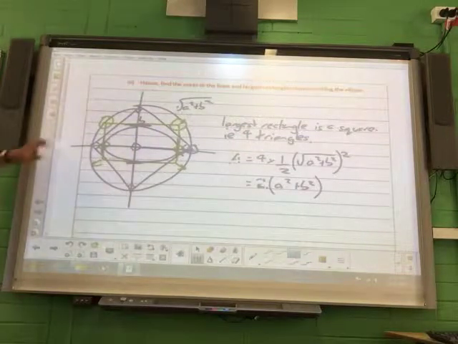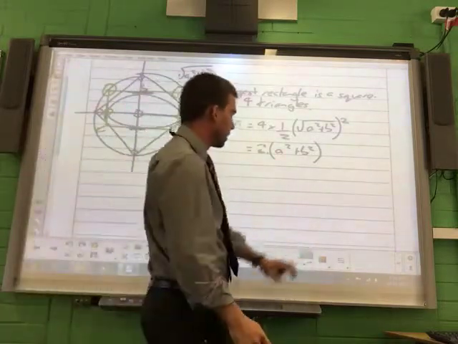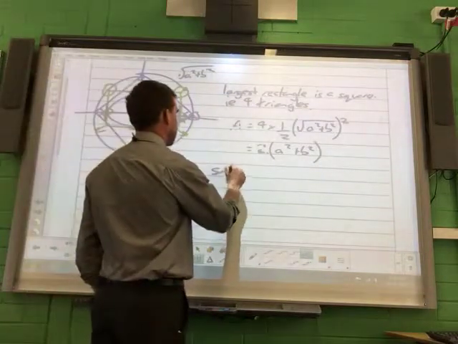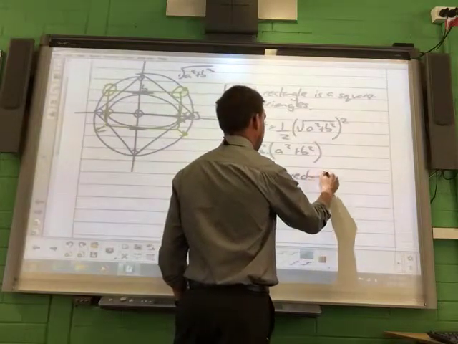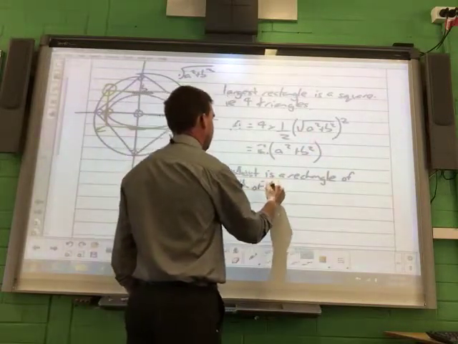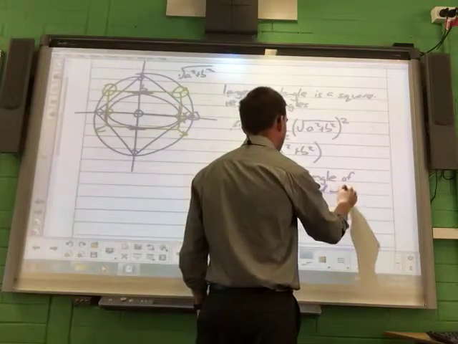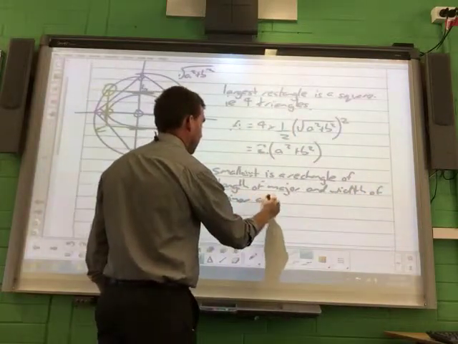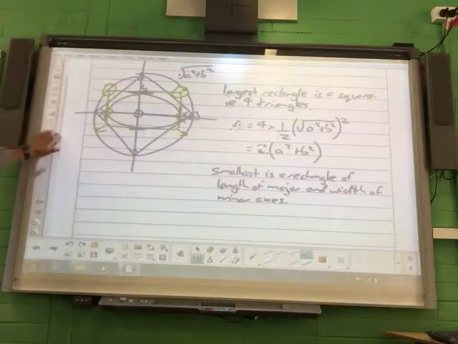I forgot. Give me the definition of your ellipse. It's going to have the dimensions of the major and the minor axes, isn't it?